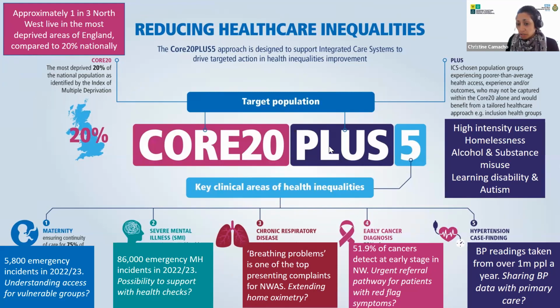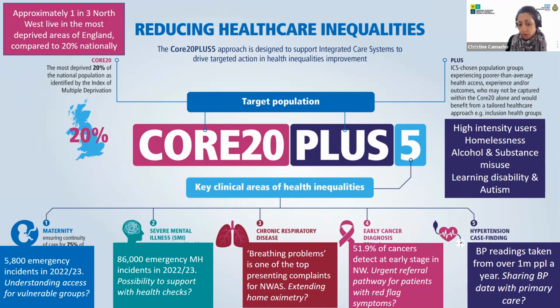So high intensity users will be a group of people who, again, will experience lots of health inequalities. The people experiencing homelessness, alcohol and substance misuse, and learning disability and autism. But you may think about more groups within your organisations that you want to focus on.